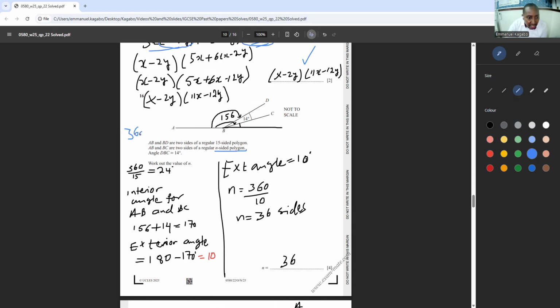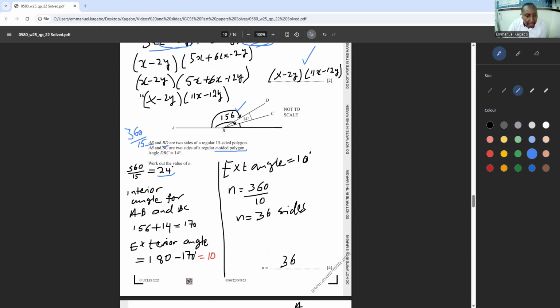If I get 360 divided by 15, it will give me the exterior angle of this one. So what is the interior angle of this one? If the exterior angle is 24, the interior angle will be 156.